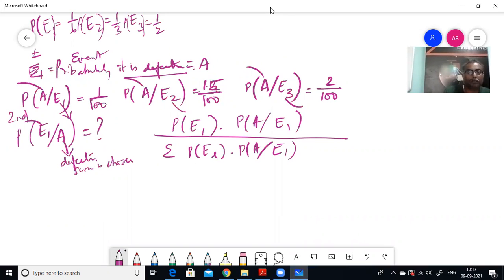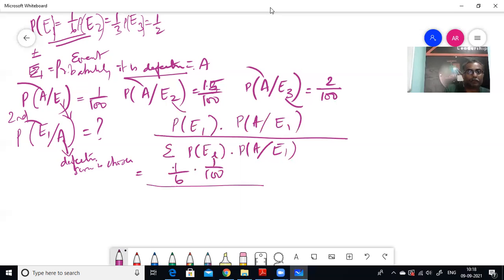So we have E1, E2. P of E1 is how much? 1/6. Into P of A given E1, that is equal to 1/100. You understood?